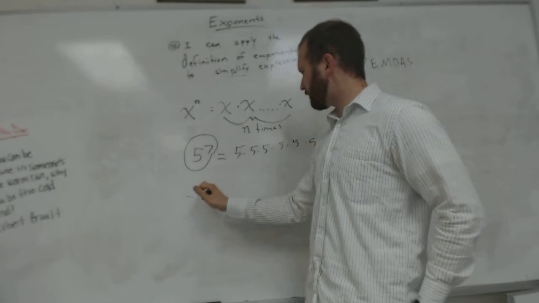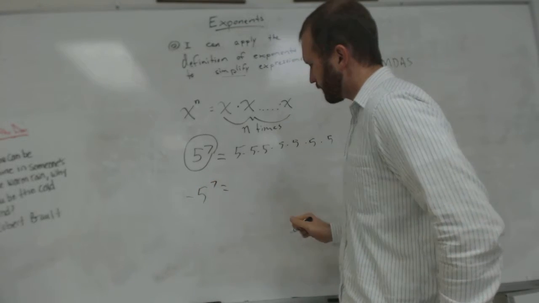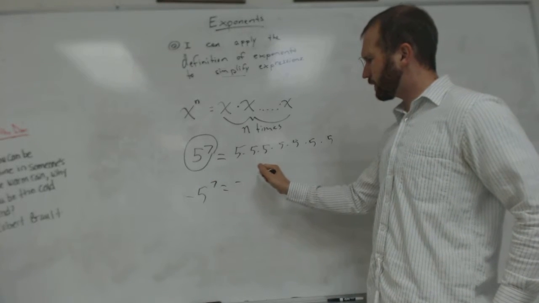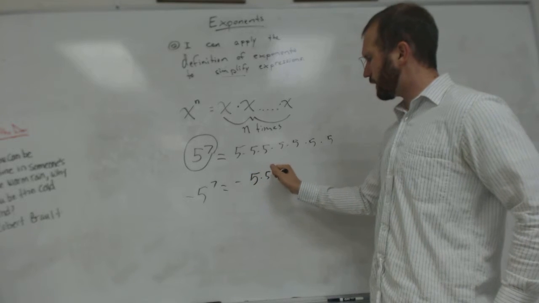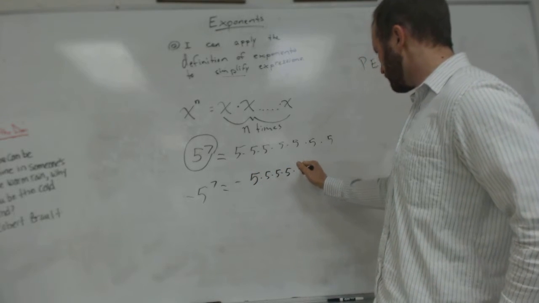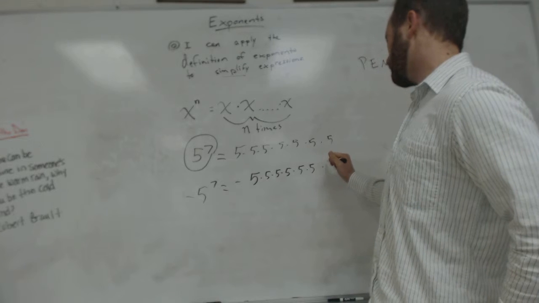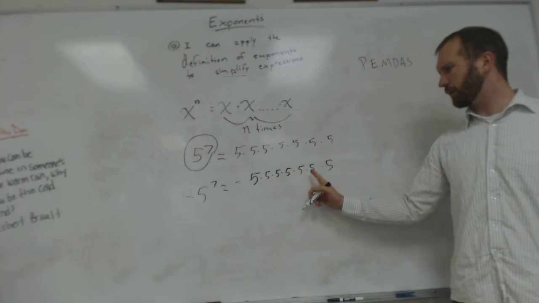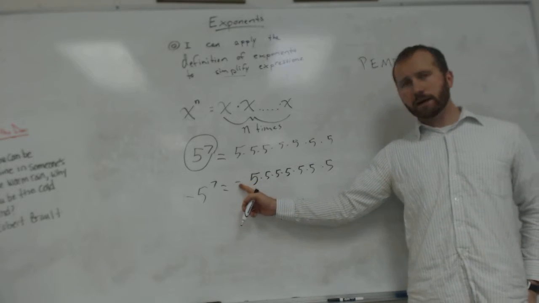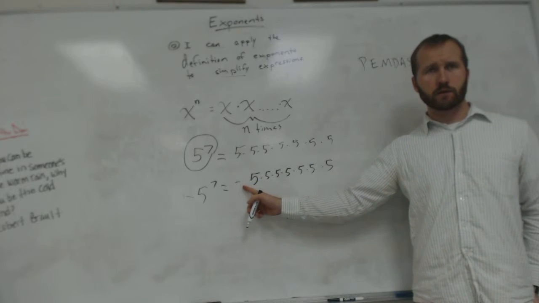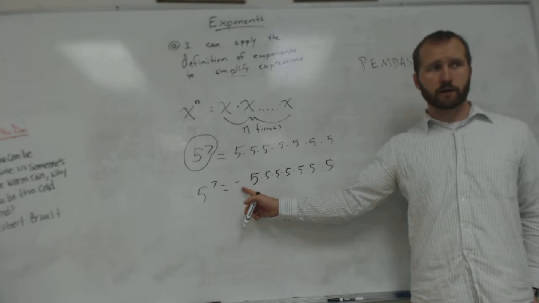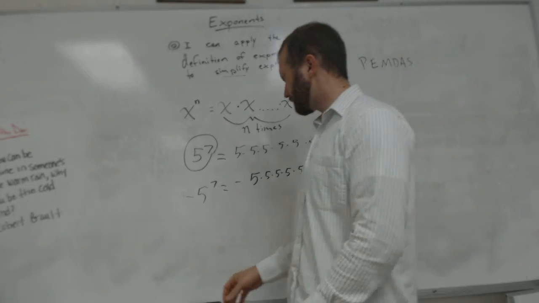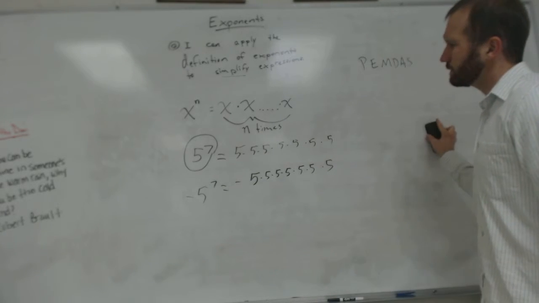And if I had negative 5 to the 7th power, that's going to be negative 5 times 5 times 5 times 5 times 5 times 5 times 5, 1, 2, 3, 4, 5, 6, 7, but only one negative. Right? The negative stays at the beginning.